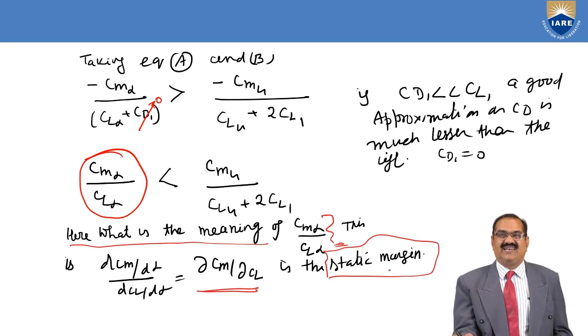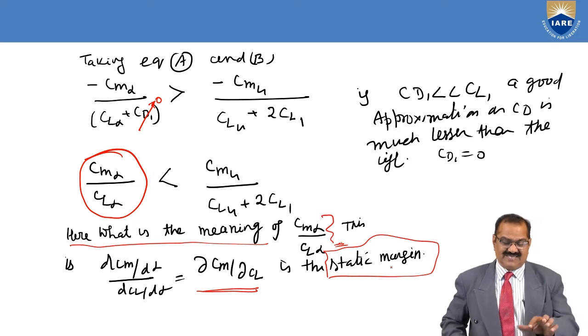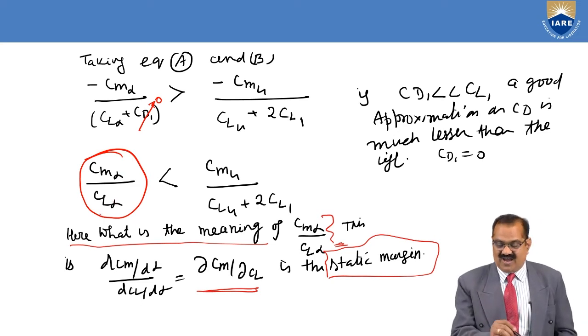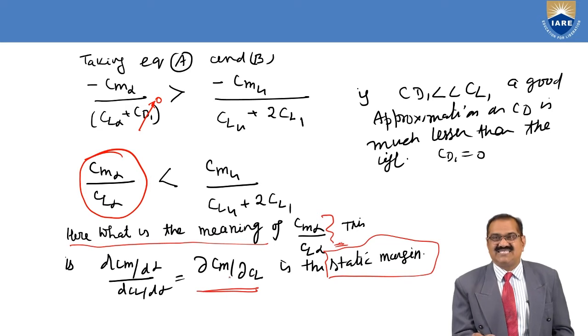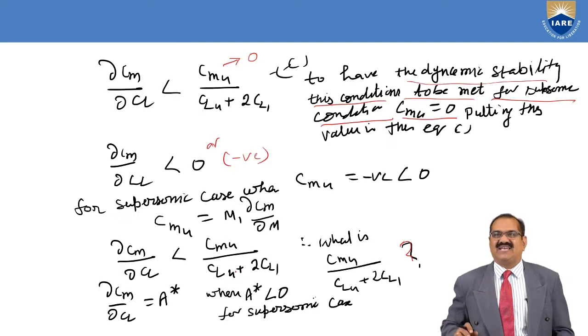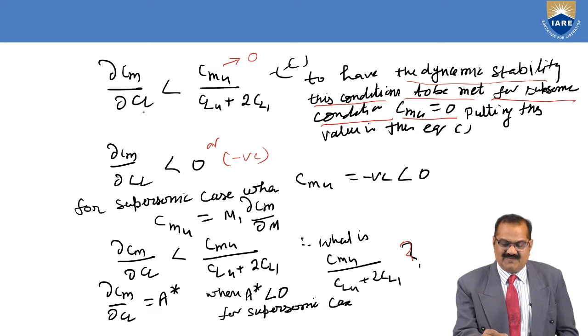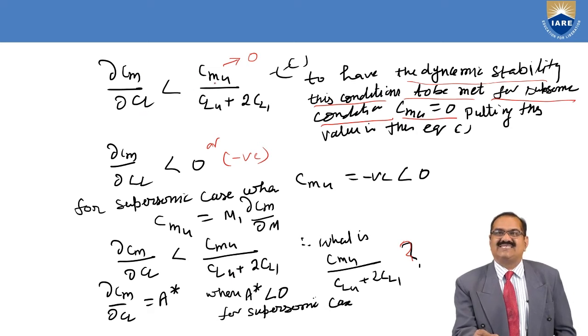We have seen that, and so many problems already. So this CM alpha by CL alpha we can write as dCm by dCl, and this dCm by dCl is the static margin, and it should be less than CMU by CLU plus 2CL1.